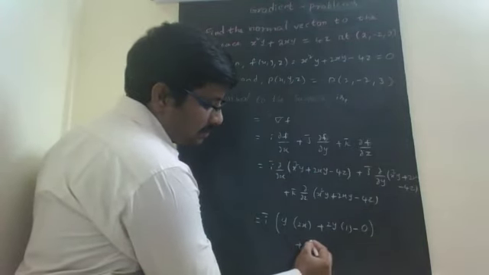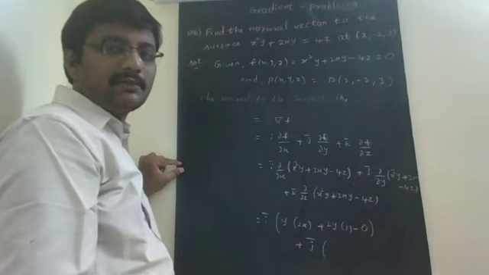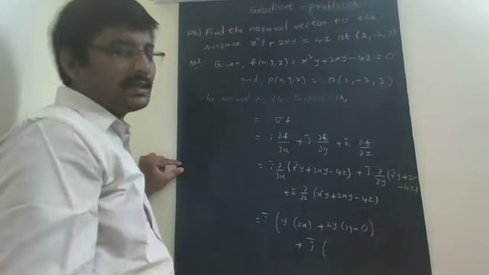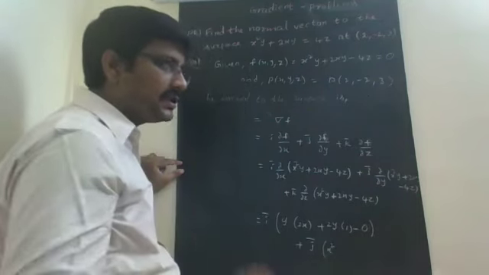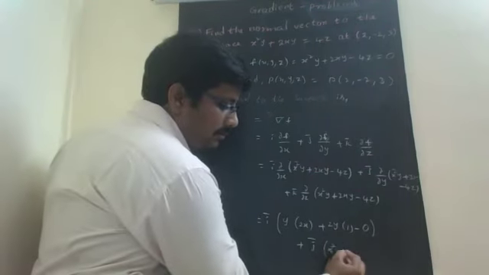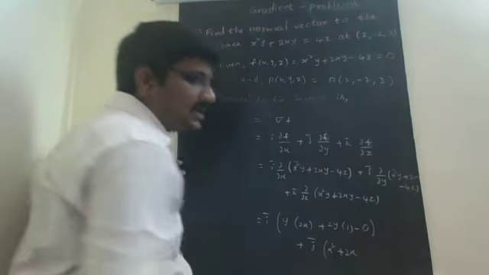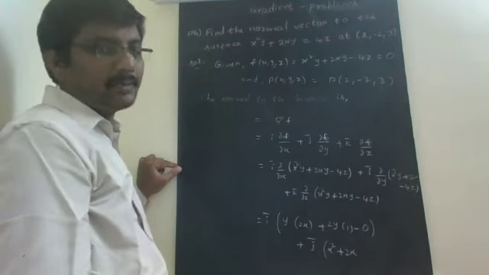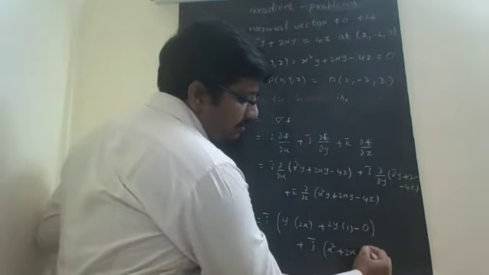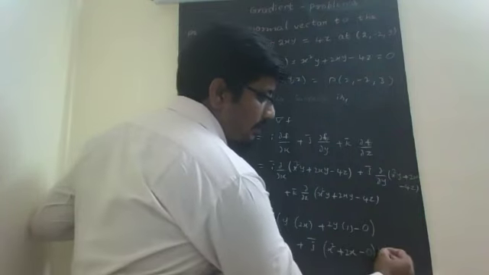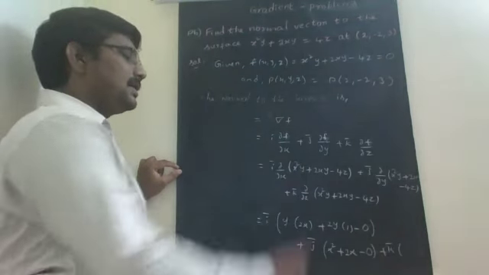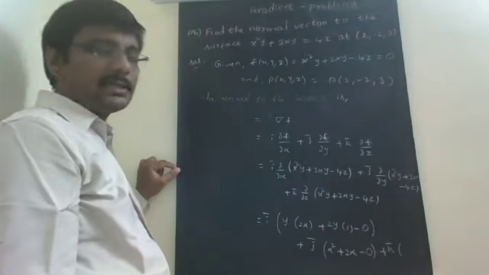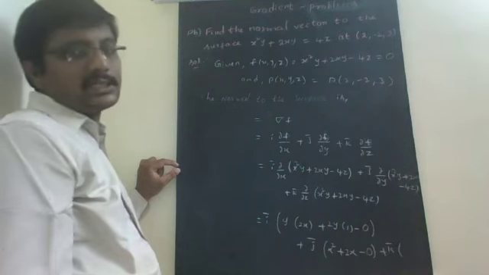plus j bar into dou by dou y, differentiating partially with respect to y, keeping xz as a constant. So x square keep it as constant, y derivative is 1, plus 2x keep it as constant, y derivative is 1, minus 4z derivative 0, plus k bar into dou by dou z, differentiating partially with respect to z, keeping xy as constant.